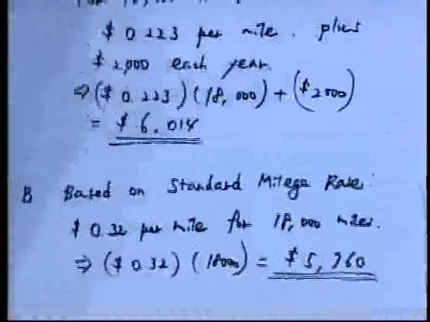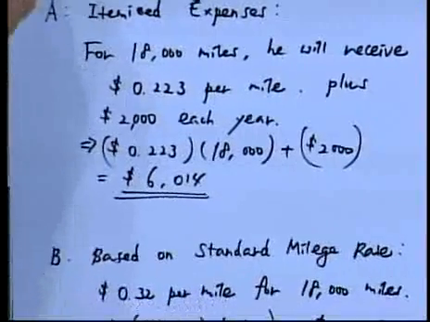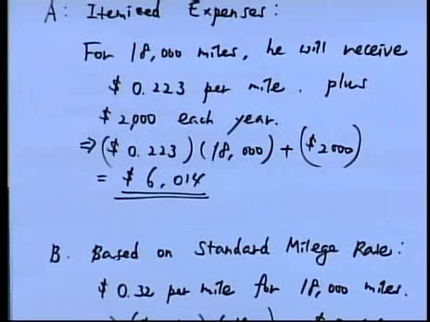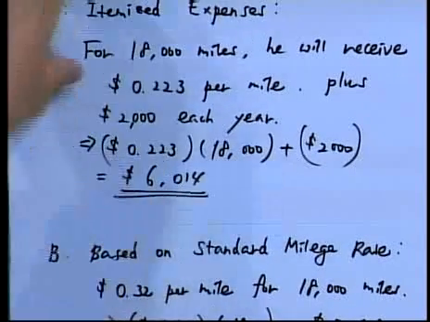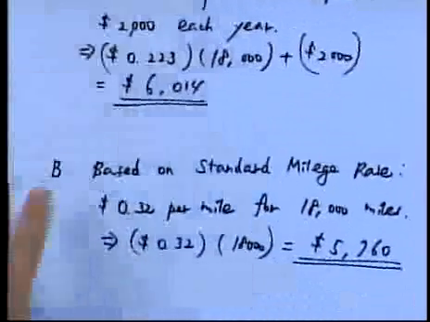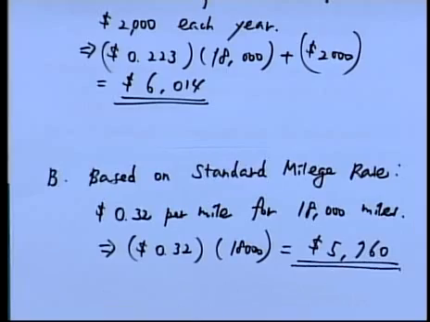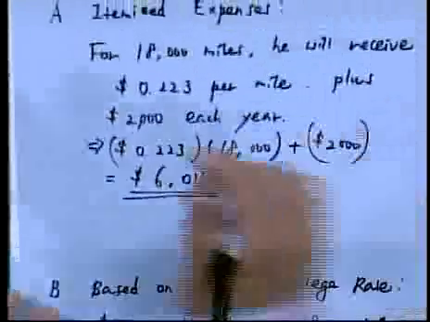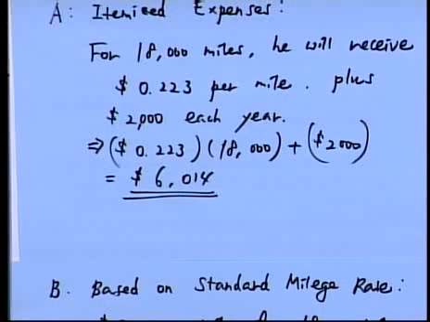So if you compare these two plans, Plan A provides $6,000 and Plan B is $5,760, which means Plan A, itemized expenses, produces a larger reimbursement.